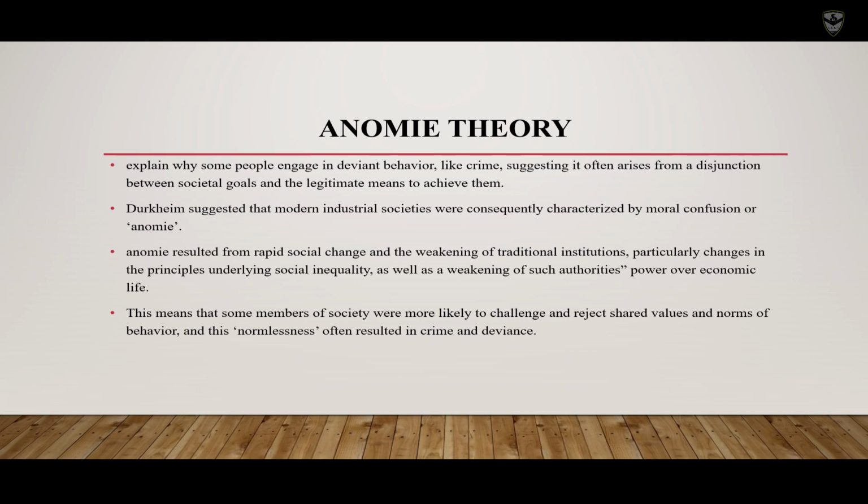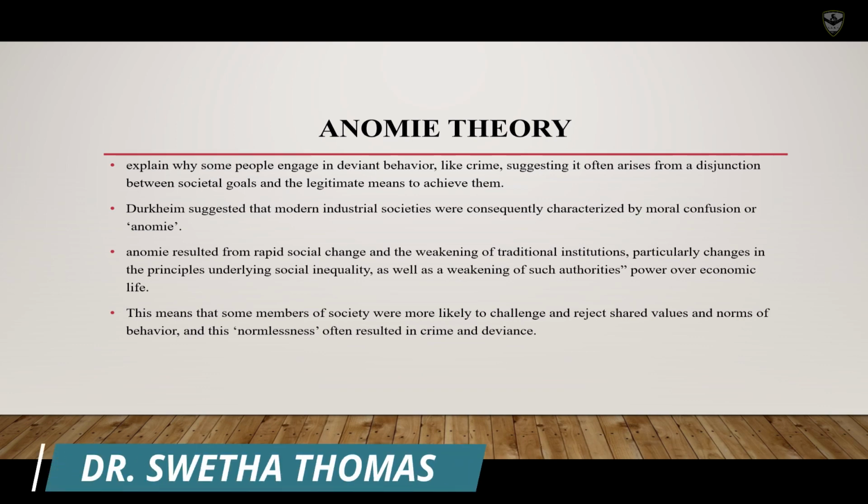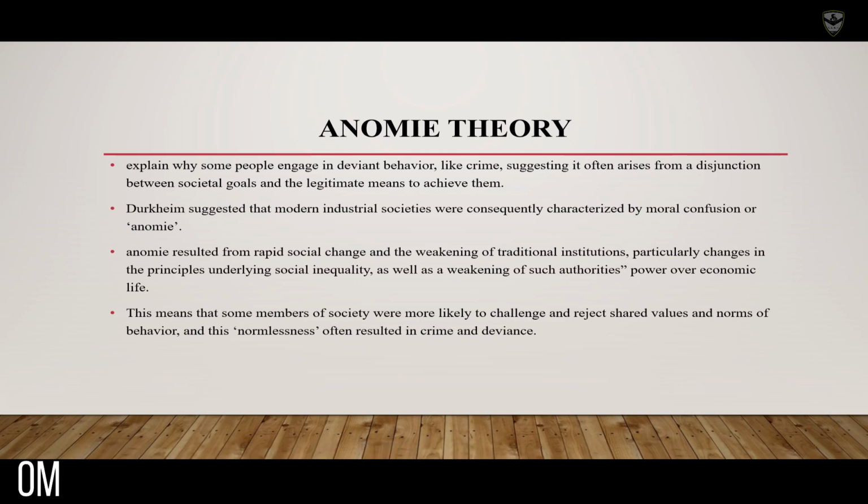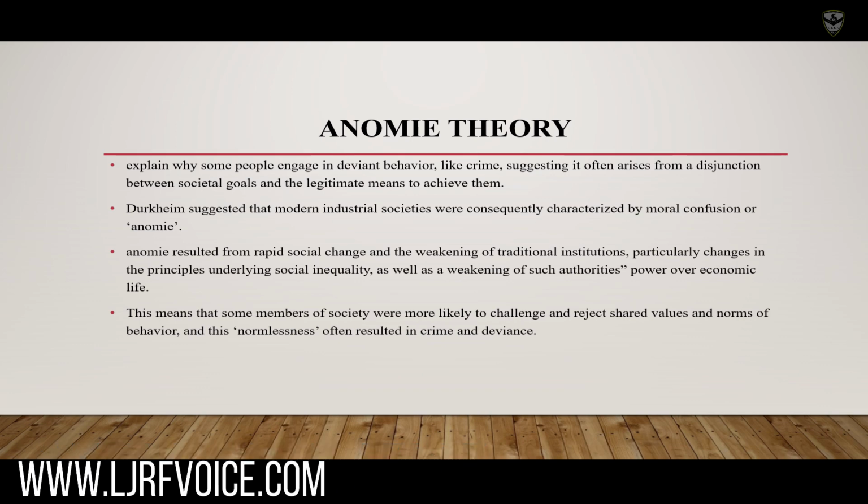Durkheim is the one who propagated this anomie theory, and according to this theory, he tries to explain why some people engage in deviant behavior like crime. It mostly arises because there is a disjunction or confusion between the societal goals and the legitimate means to achieve them.